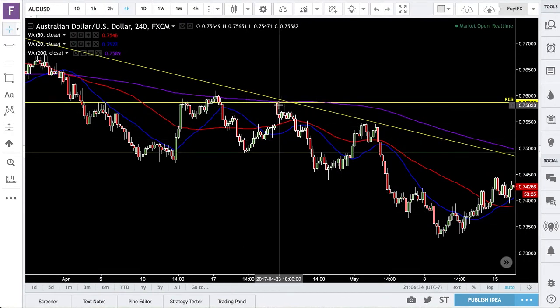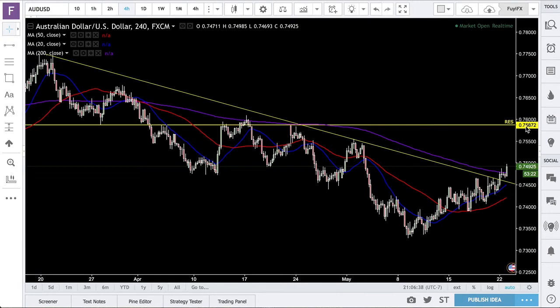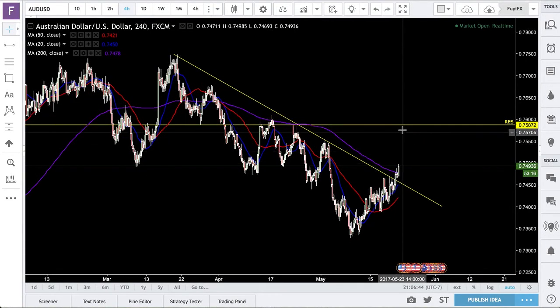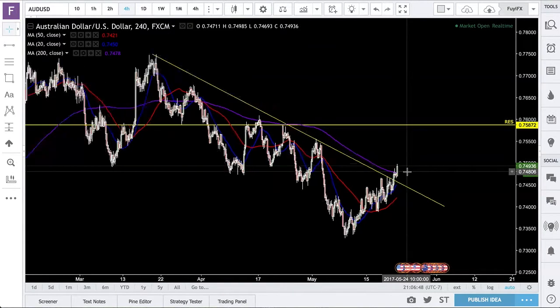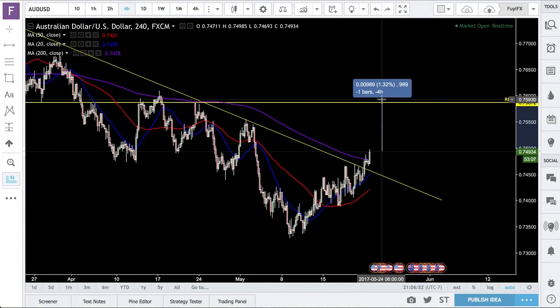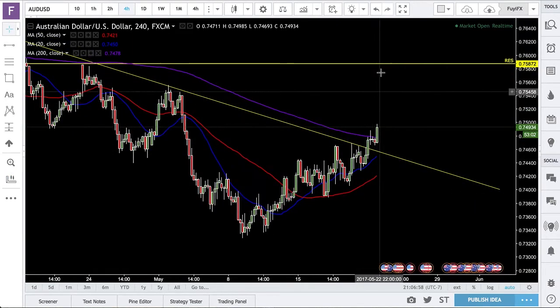Here we gapped up, came down. So that's 75.8 area, maybe even 76, even number, is my next level target for the Aussie dollar. Pip wise, it looks like a good 90 pips from its current level, so could be a good trade there.